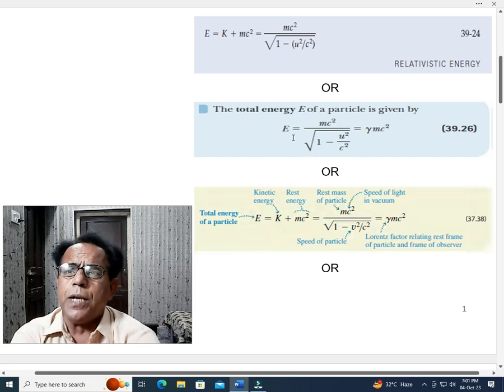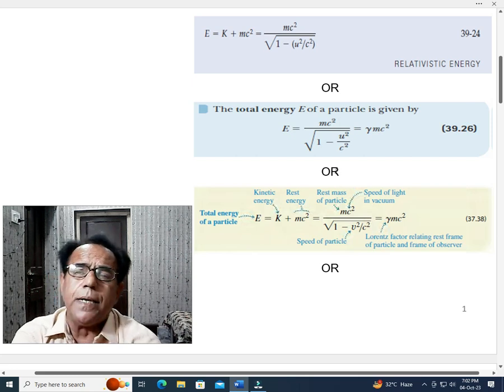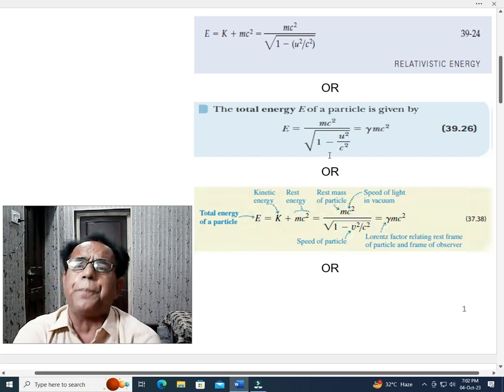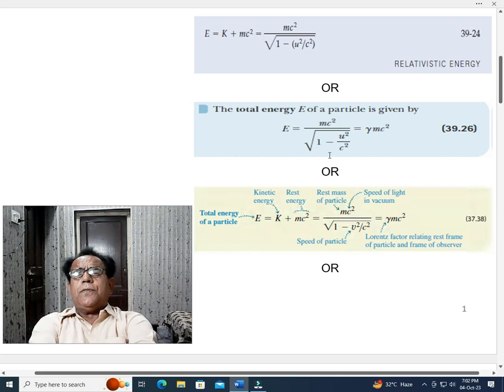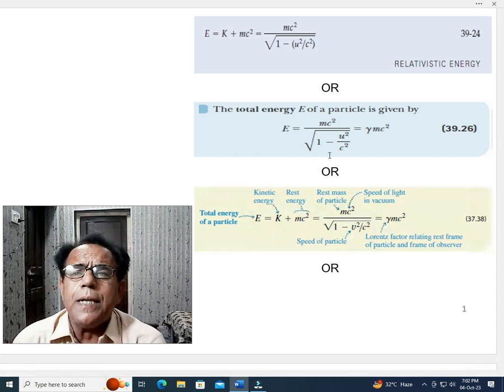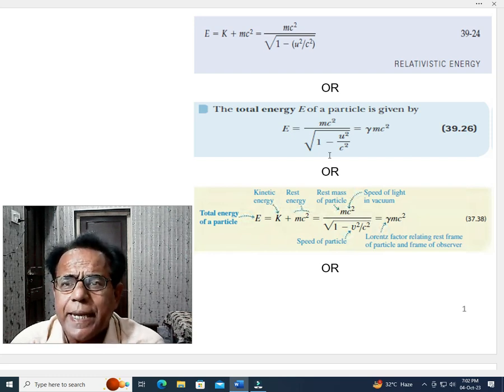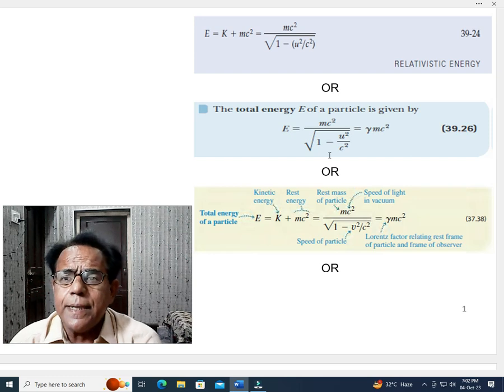Okay. The total energy E of a particle is given by E equal to mc² over under root 1 minus u² over c². This alternatively becomes equal to gamma into mc², where gamma is the Lorentz factor. Or a third alternate version of this theory is that the total energy of a particle E is equal to kinetic energy K plus rest energy mc².